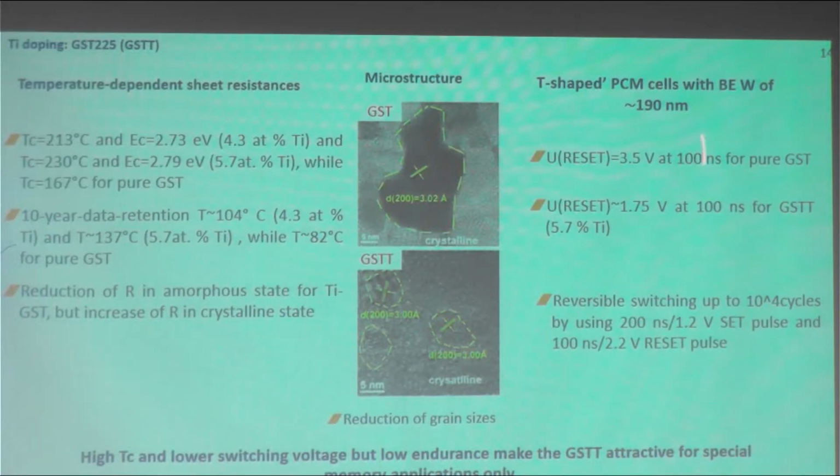The performance of cells based on these materials was also measured. The reset time was on the average of 100 nanoseconds, as for pure GST, but the reset voltage was reduced by half, from 3.5 to 1.75.